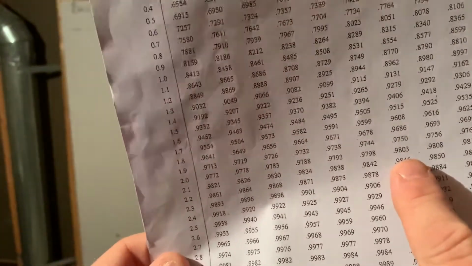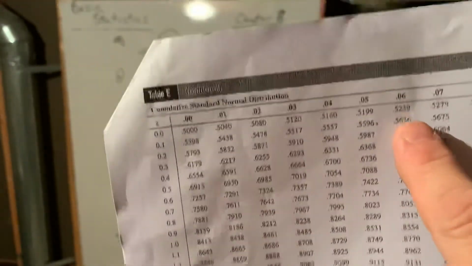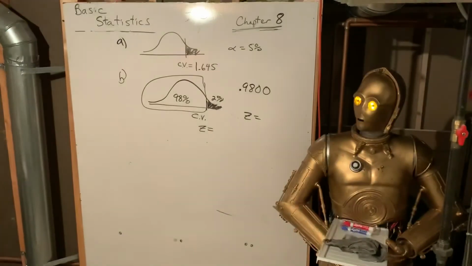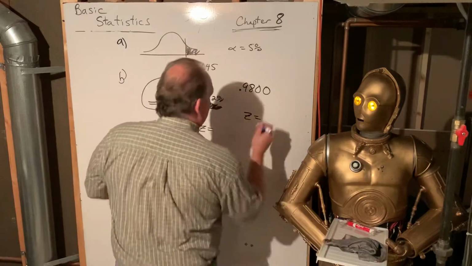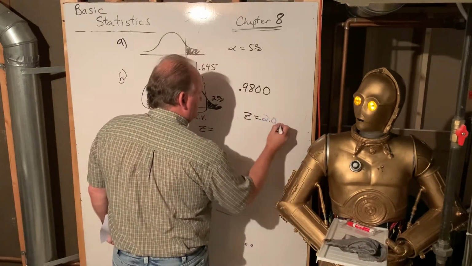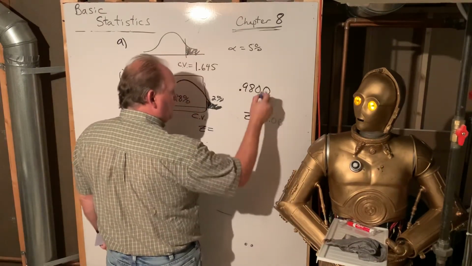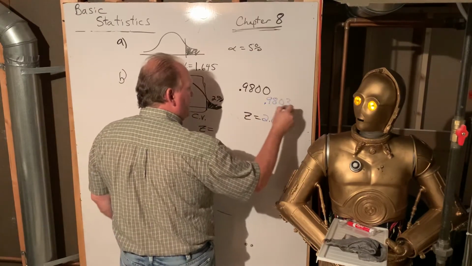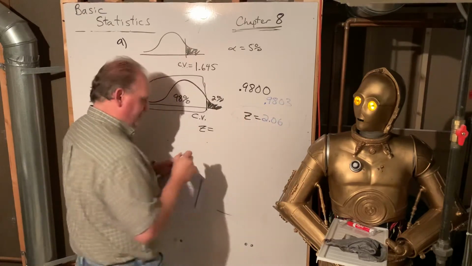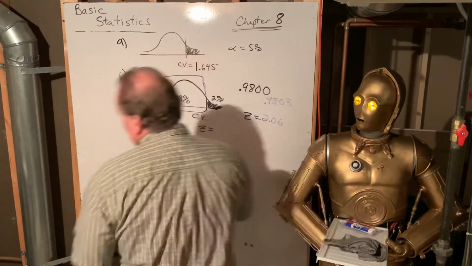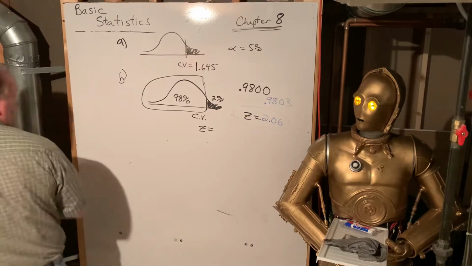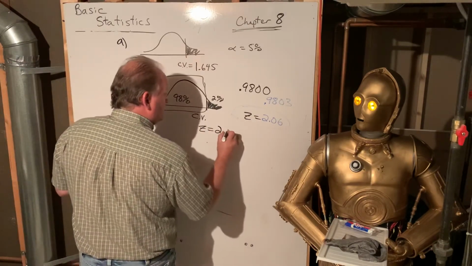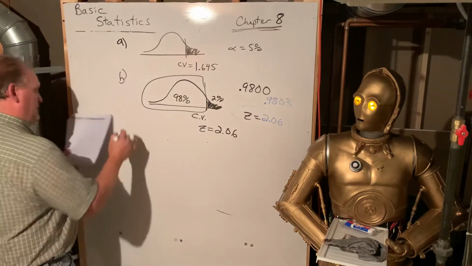Then we follow that over to the left, that's 2.0. And then we follow that up to the top, that's 0.06. So 2.06. It isn't actually 0.98, it's 0.9803, but close enough. So that's what we would use for our critical value for that one, all right?